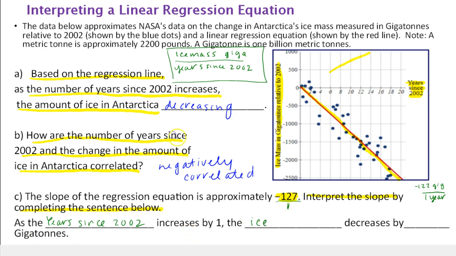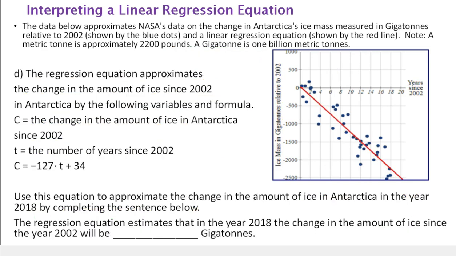The ice mass, and we could write in Antarctica, but there's not enough room. The ice mass decreases by, since this says decreases, we don't need to include the negative. That's included in the word. So we're just going to write decreases by 127 gigatons. So as time increases by 1, so every new year, we're losing an ice mass of 127 gigatons in Antarctica. Let's look at the next slide.